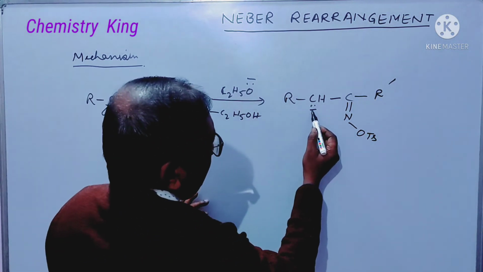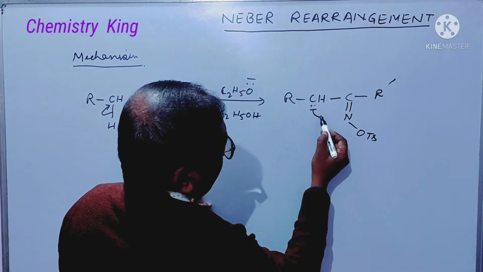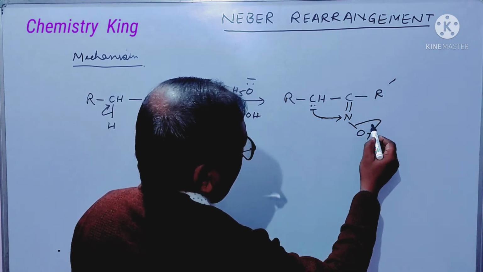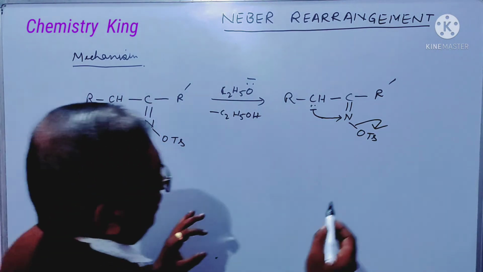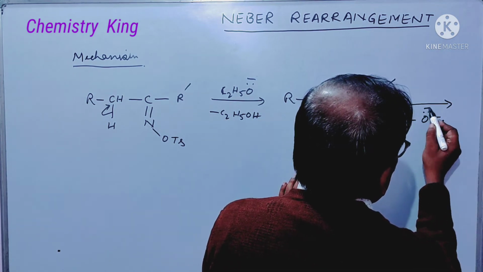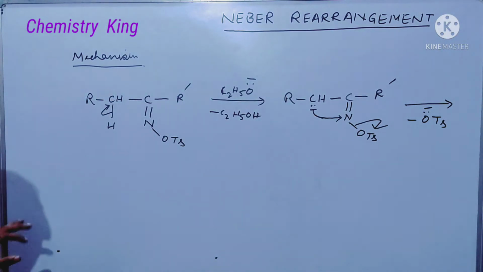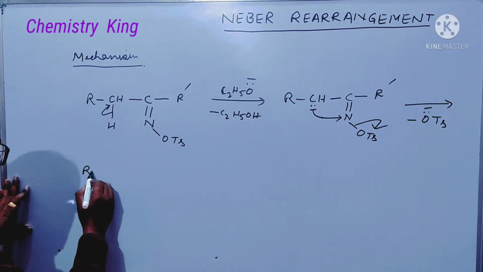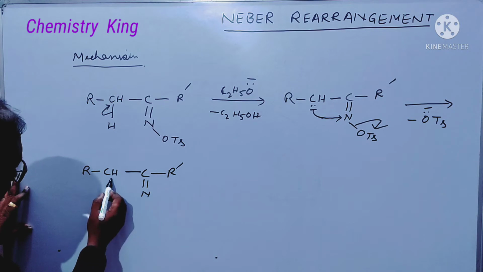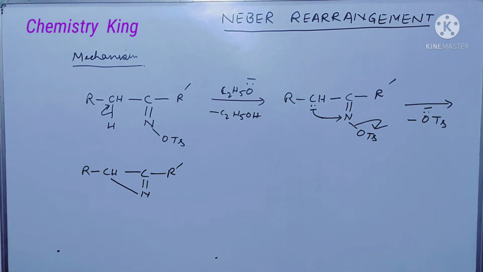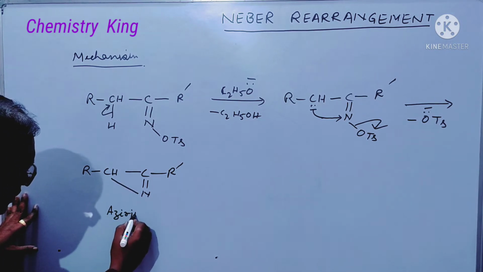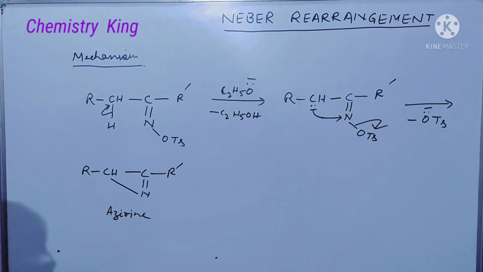Now it is a nucleophilic center, it will attack here and tosylate ion is released, minus OTs, this is the tosylate ion, leading to this R dash, this 3-membered ring, azirine.